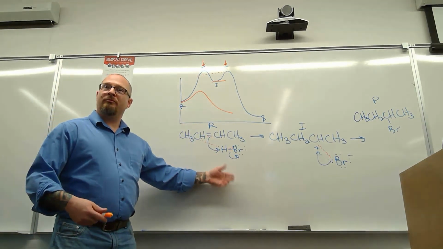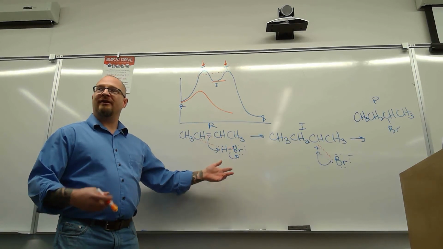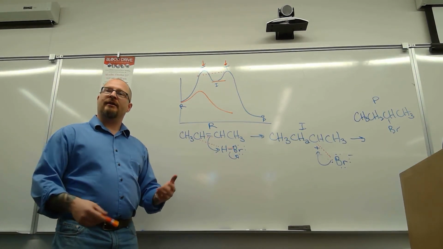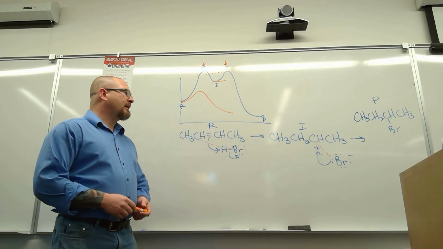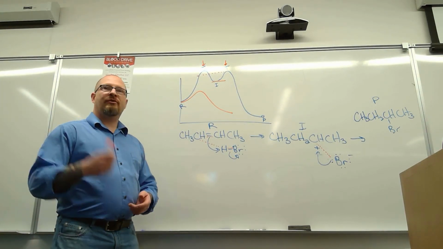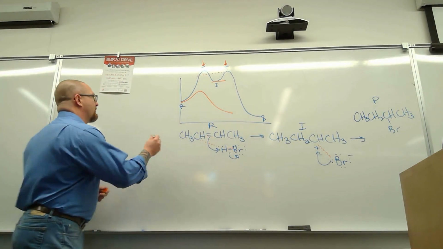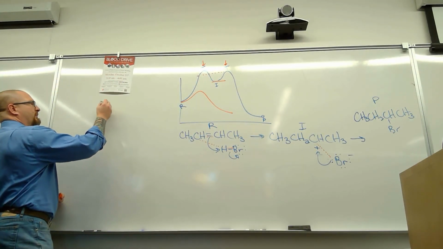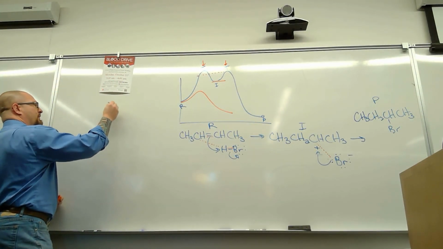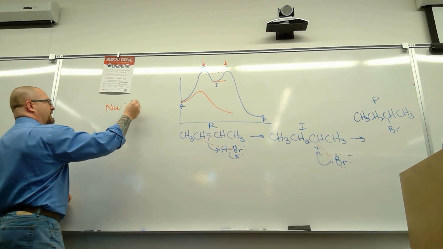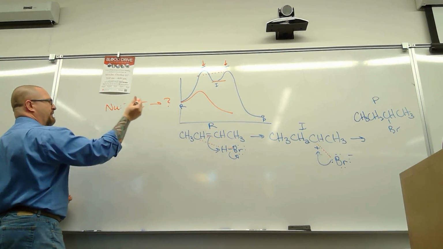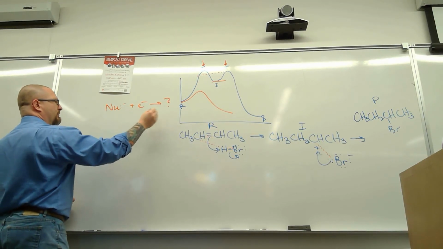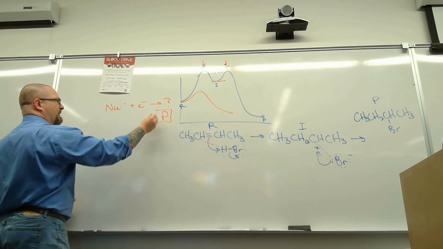Whatever helps you rationalize these, go through the rationale like you're explaining it to somebody third party. And I really recommend the note cards. Remember, 2 ways. On one side of the note card, we've got some nucleophile plus some electrophile leads to question mark, and then you flip the thing over and it's your product on the other side.